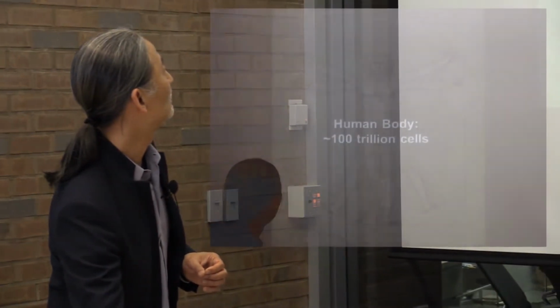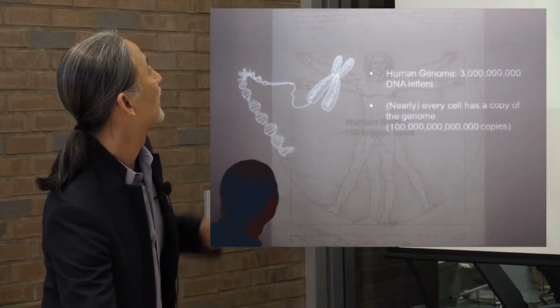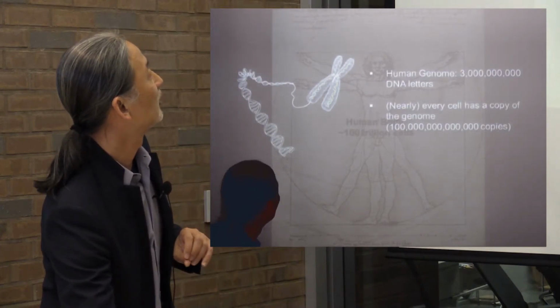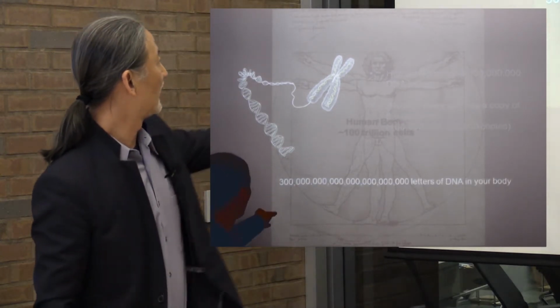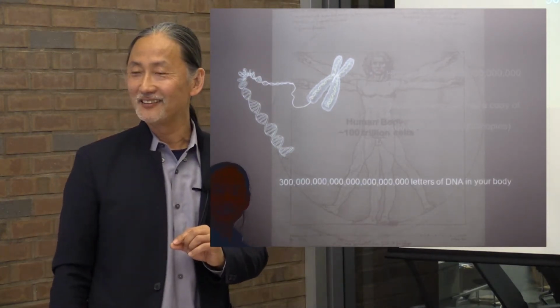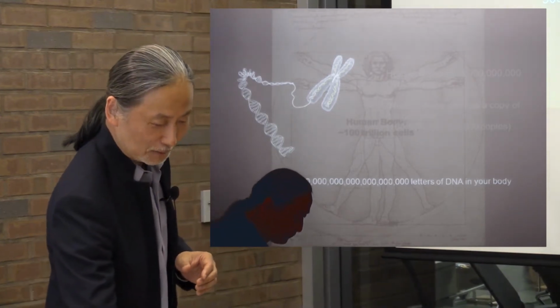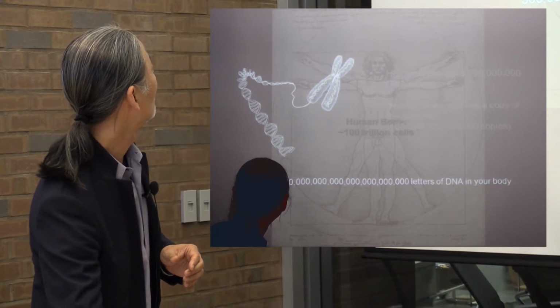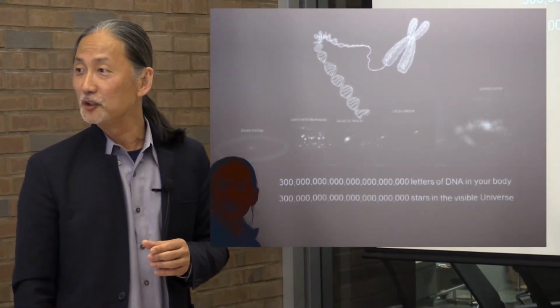So the human body has about 100 trillion cells, and there's 3 billion DNA letters, so nearly every cell has a copy of the genome. So this is 3.2 times 10 to the 21 letters of DNA in your body. And apparently, according to the astronomers, this is the same number of stars that are in the visible universe.